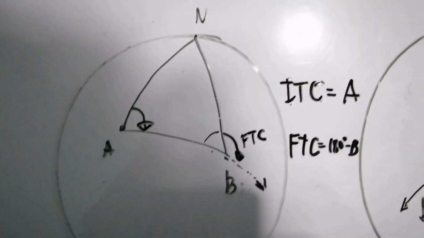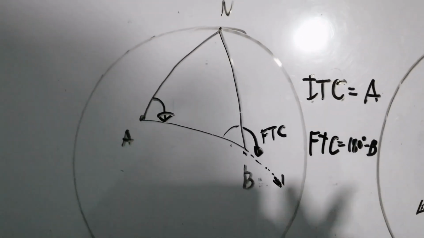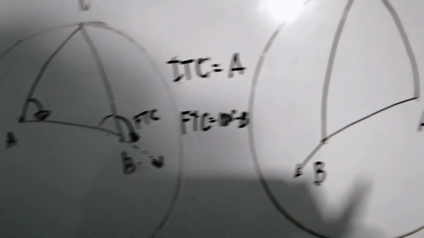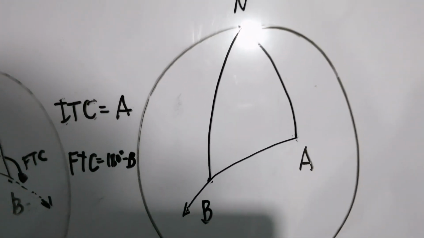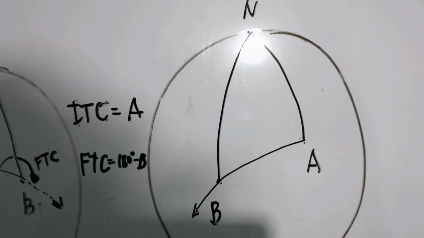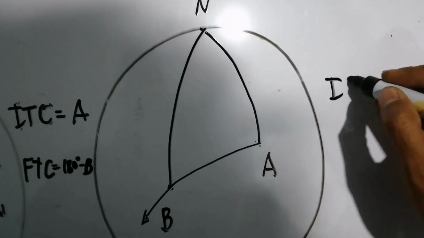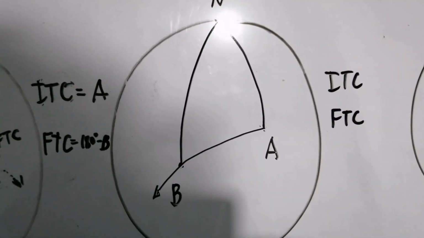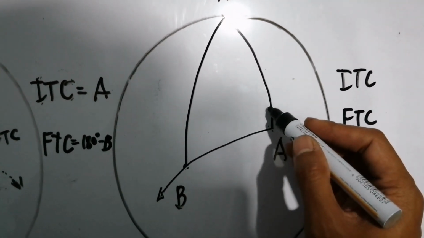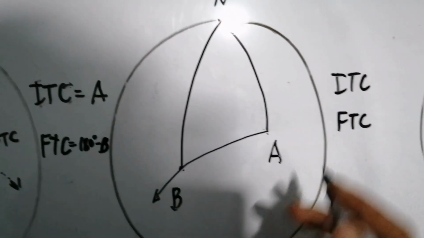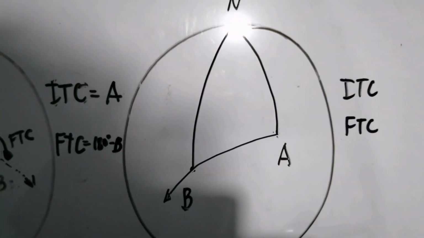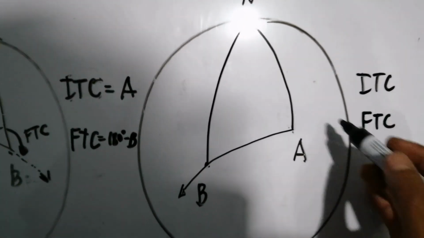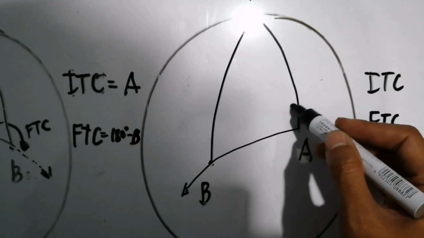The next possibility is when you have an opposite direction, or your point A will be to the right of your point B. So what happens to your initial true course and your final true course here? To find the initial true course, by the way, the true course is the angle from the north clockwise. So in this case, this one is your angle A, right?